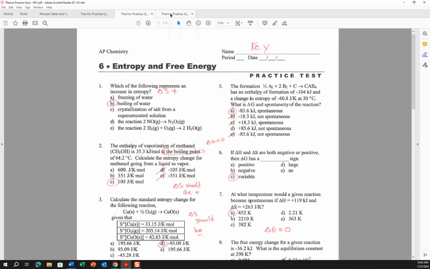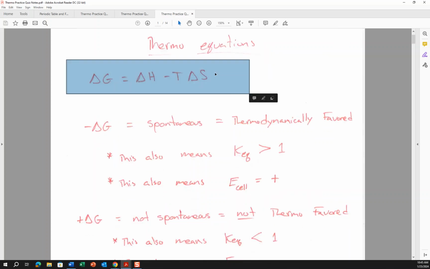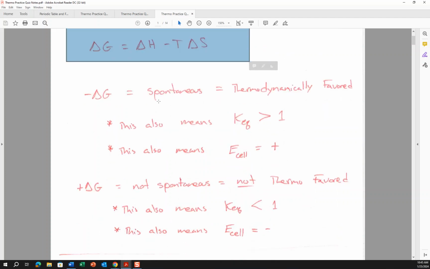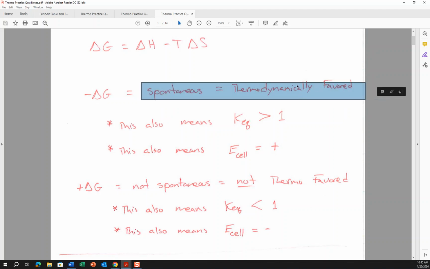So before we dive into the quiz, there are things we want to know a little bit more. Let me just organize this a little bit better. So again, this equation means a lot to us, but before we start talking about this equation, in AP chemistry, the word spontaneous means thermodynamically favored. Old school AP chemistry, we would say spontaneous or not spontaneous.